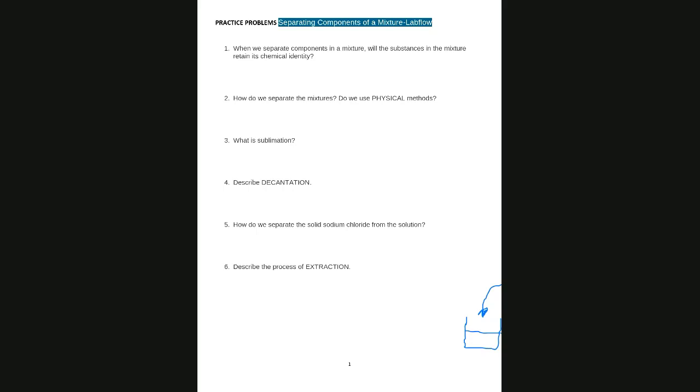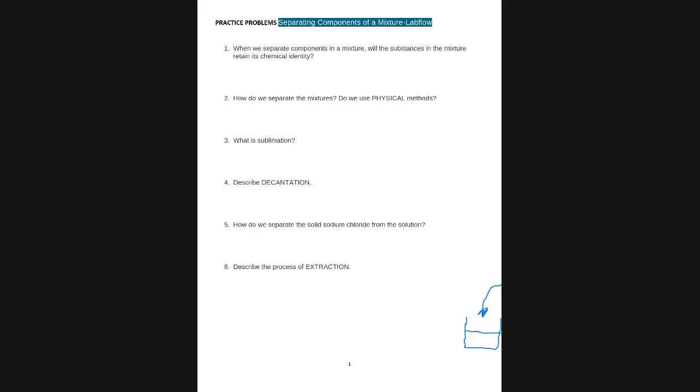So now we are going to see how we separate the solid sodium chloride from the solution. Remember that at some point we had 2 evaporating dishes in the procedure.